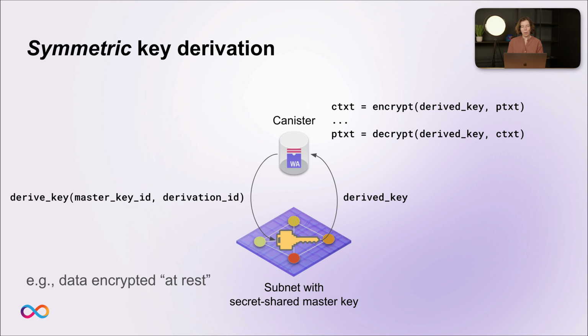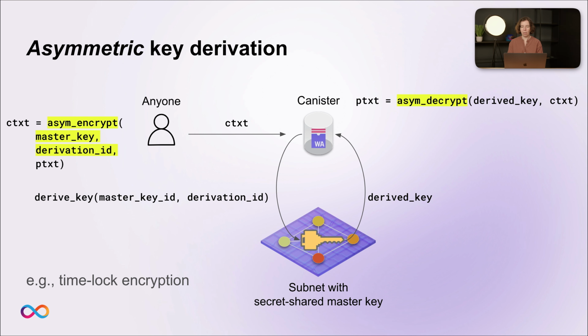No prizes for the people who guess what you might think will come next. And yeah, you can do asymmetric key derivation as well. And in this case, anybody can send a ciphertext to the canister. They can derive the key, call the derive key function from the subnet as usual. The subnet, given its secret shared master key, will derive a key, send it to the canister, and the canister can decrypt.